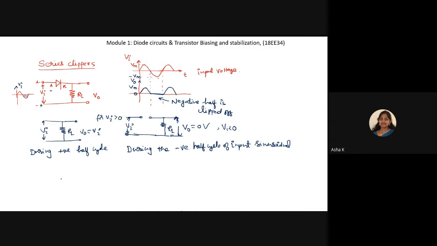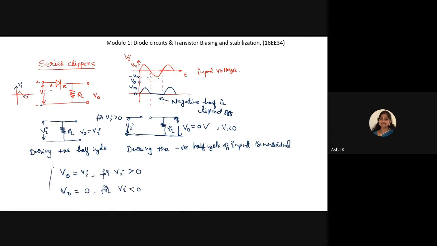If I just wanted to summarize here, V output is equal to V input for V input greater than 0. Greater than 0 means all these values are greater than 0. And V output is equal to 0 for V input, see, minus 1, minus 2, till minus Vm, less than 0.